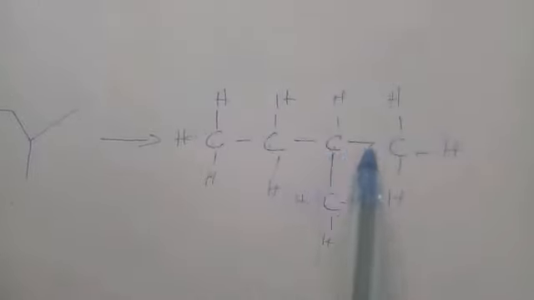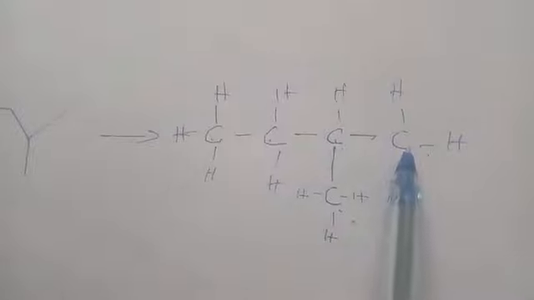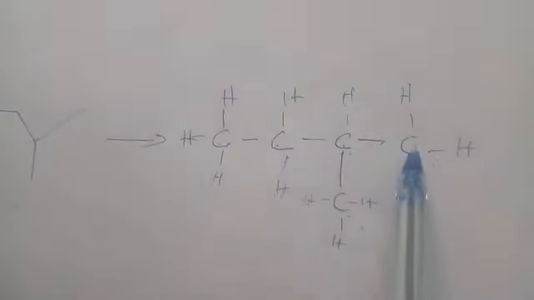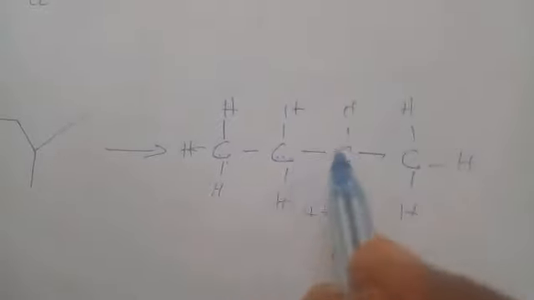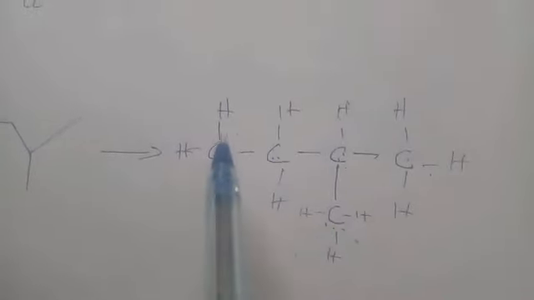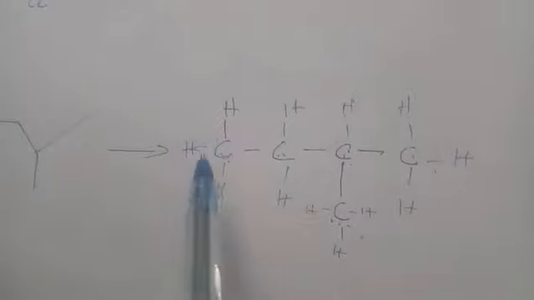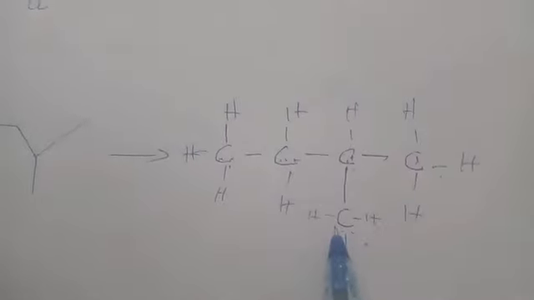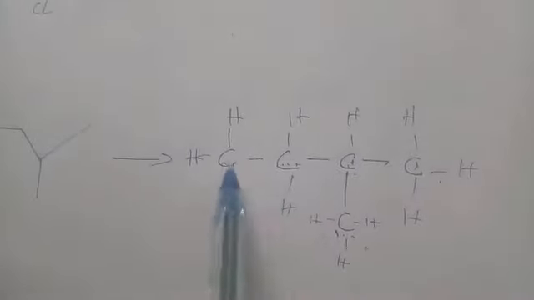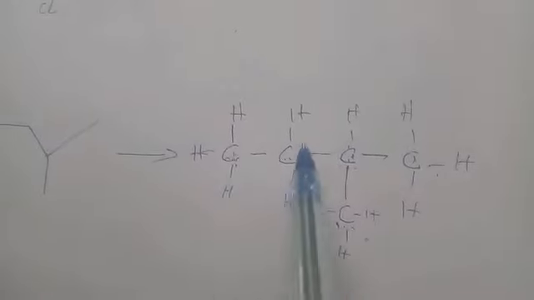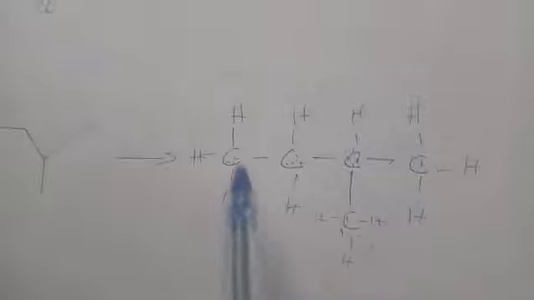1, 2, 3, 4. Sorry, you don't count like this. 1, 2, 3, 4, then no, it's wrong. I said longest. Either you count like this, 1, 2, 3, 4, or you count 1, 2, 3, 4.